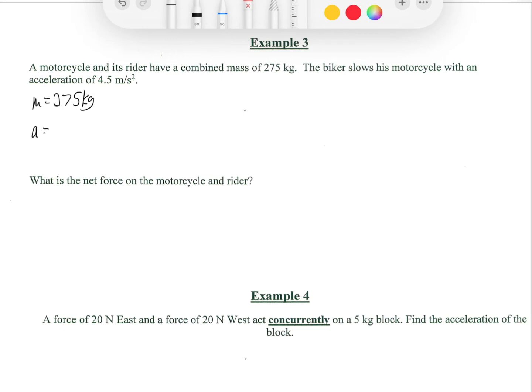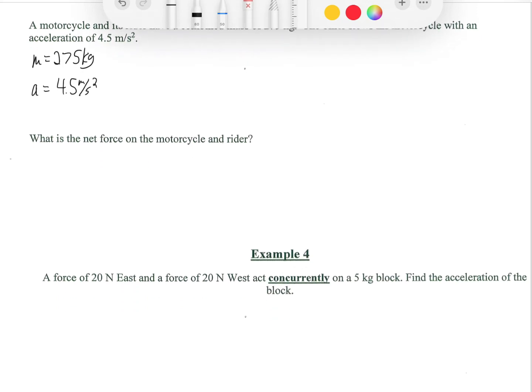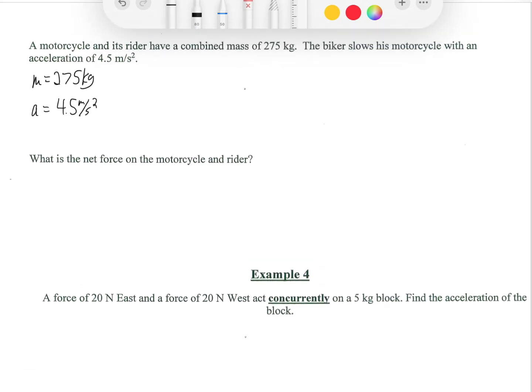If we assume the biker is going forward, then the acceleration will be negative, but we're just going to talk about magnitudes here because it all depends on which direction we say is positive or forward. So what is the net force on the motorcycle and rider?